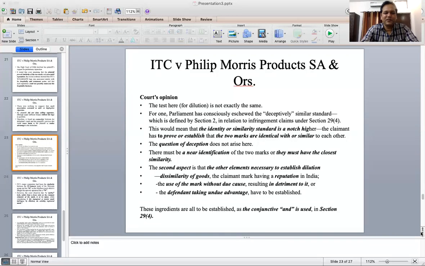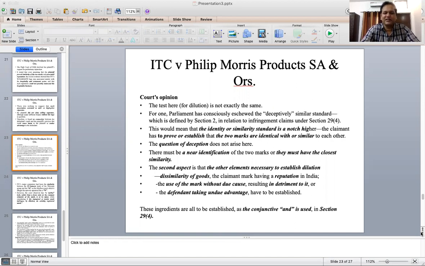The second aspect here is that the other elements necessary to establish dilution are dissimilarity of goods and reputation of that very mark in India. The use of the mark without due cause resulting in detriment to it, or the defendant taking undue advantage, and if it is taking undue advantage, it has to be strongly proved.